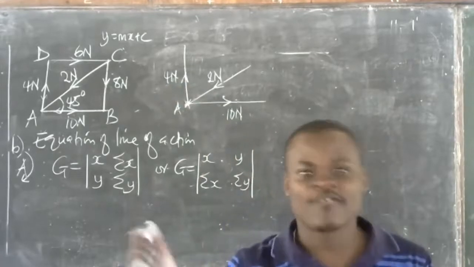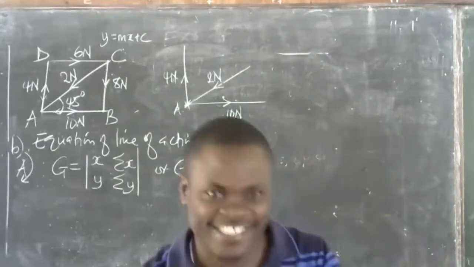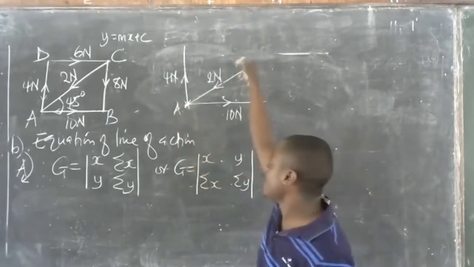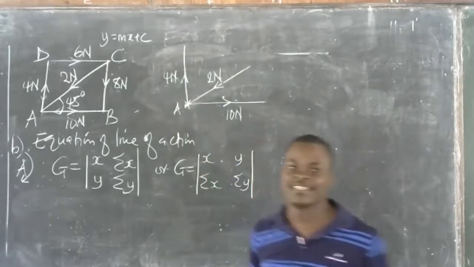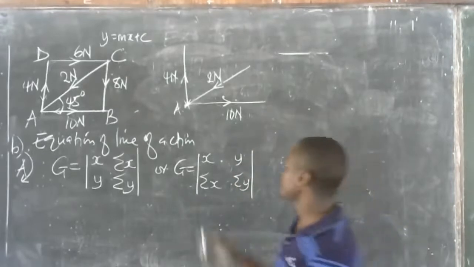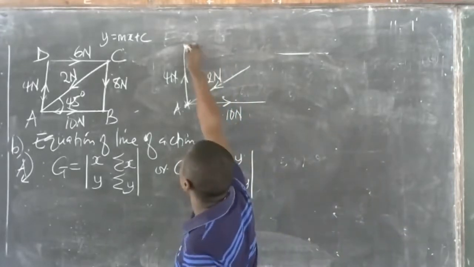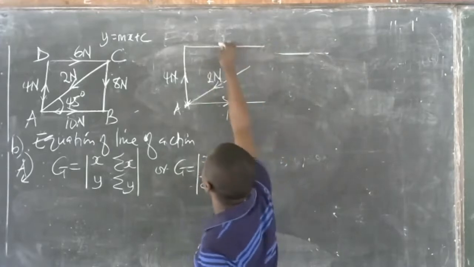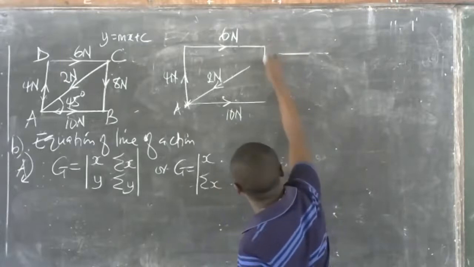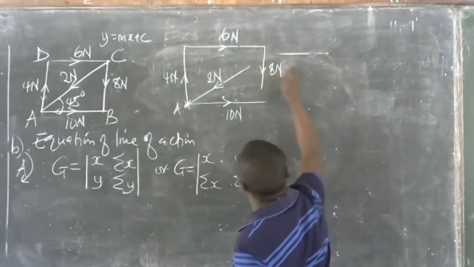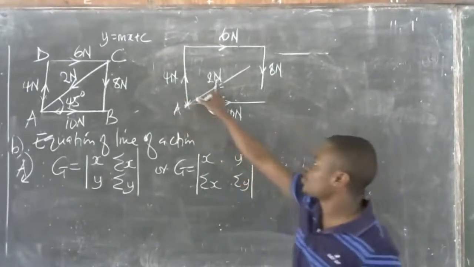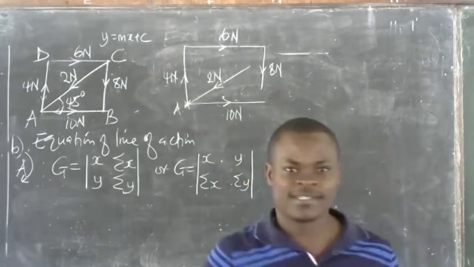Those forces have no moments because they have zero distance from A. Their lines of action are passing through point A and therefore have no what? Have no moments. So in this diagram, the only two forces that have moments include the 6 Newton's force and the 8 Newton's force, which is acting downwards. Only two forces. 4 Newton's force, 2 and 10 have no moments.